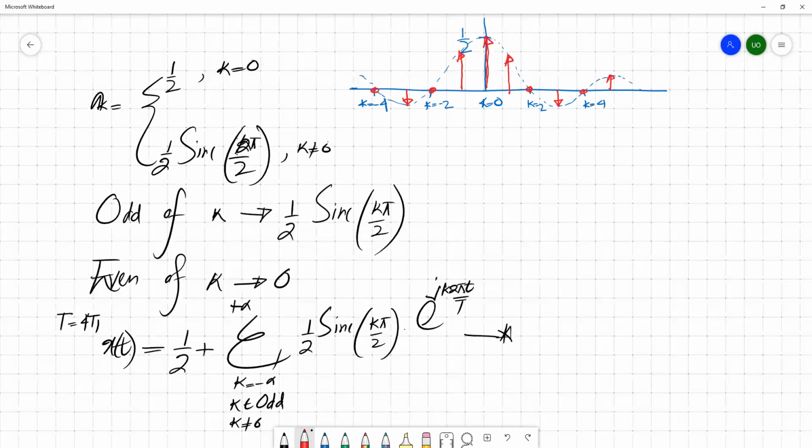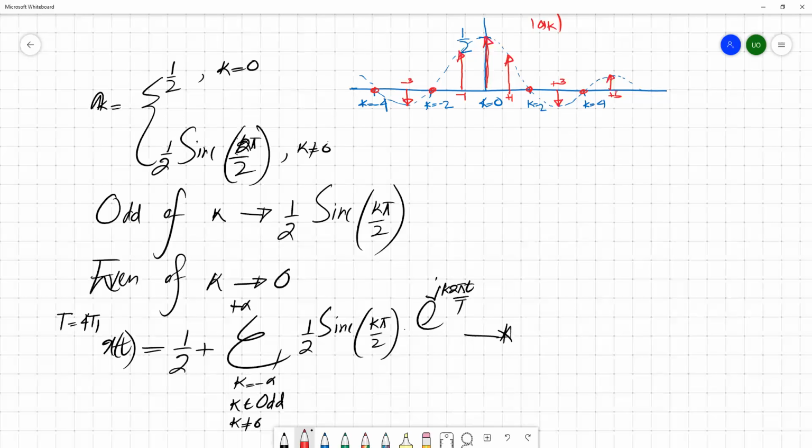So this is the magnitude of a_k. See, the magnitudes are discrete, so we have these stems at each and every k.